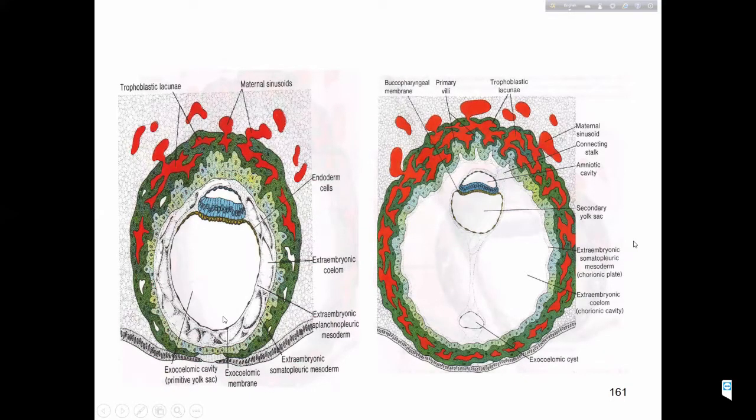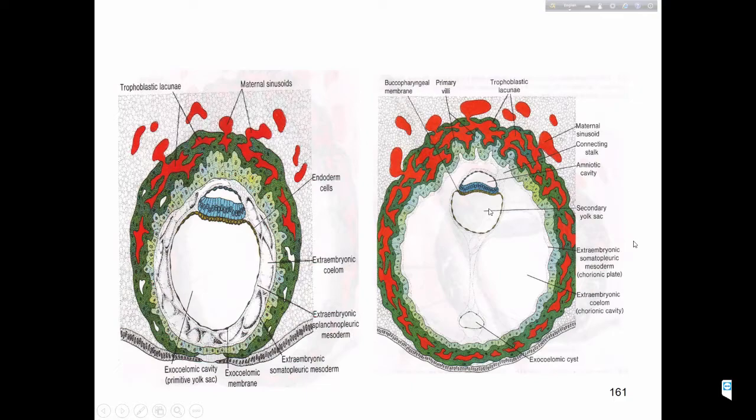The other cavity here will ultimately pinch off and form a cyst. We call it the exocoelomic cyst. Forget about this. Just remember the blastocystic cavity lined by the exocoelomic membrane forms the primitive yolk sac or yolk sac cavity. Then the cells from the hypoblast come and line another cavity here, which is the endodermal cells.